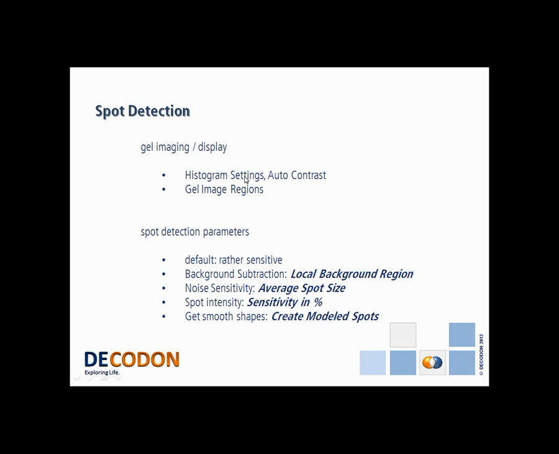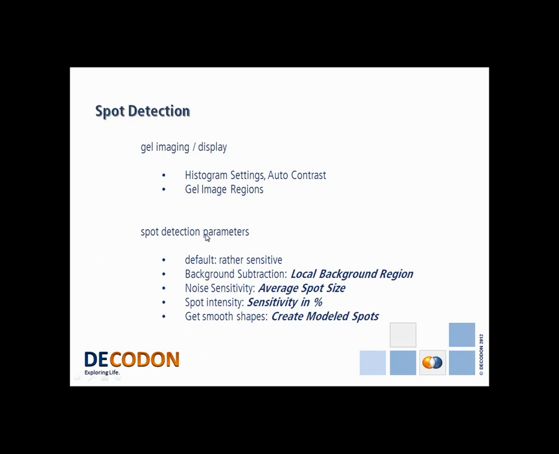So depending, for example, on contrast settings, a certain spot is convincing to be a spot or not. To control spot detection, we can also have a look at gel image regions. That means the same area across all the images, to just control whether what we see on the fused image really reflects the reality on the real sample images.